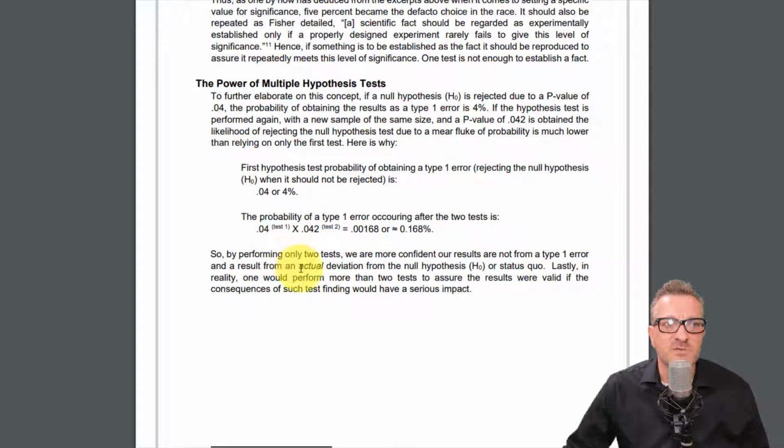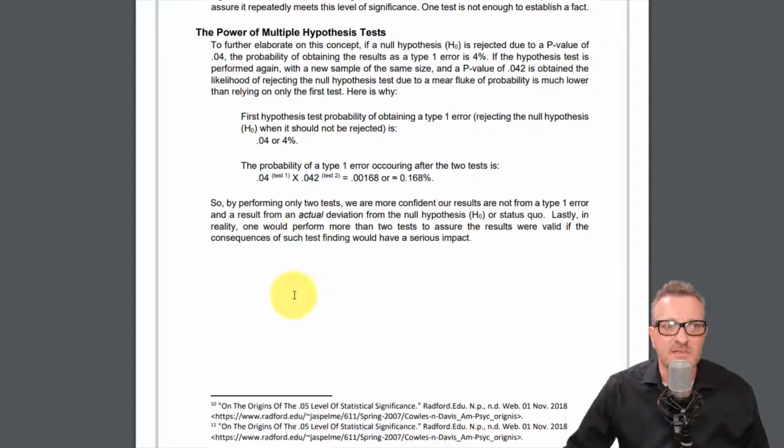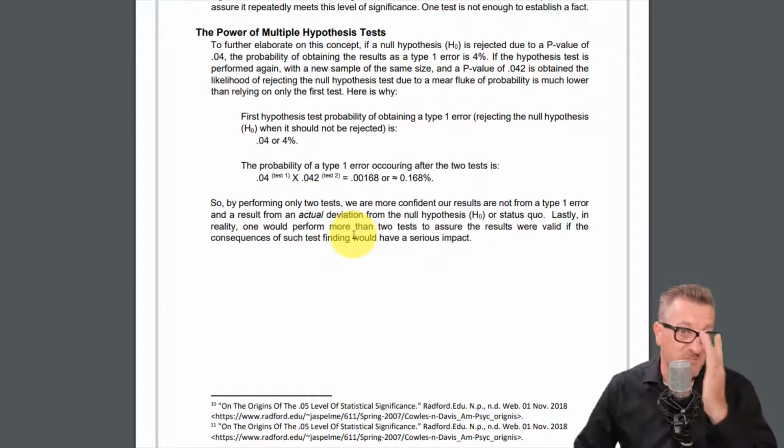But if you do this over and over again and you retest, then your chances of being wrong decrease. It adds significance and credibility to the tests when you reject the null hypothesis multiple times.